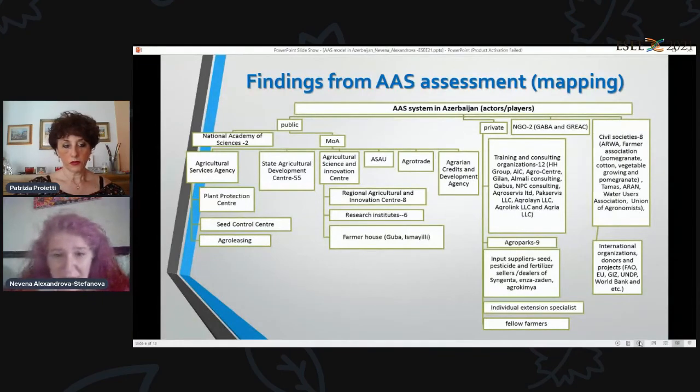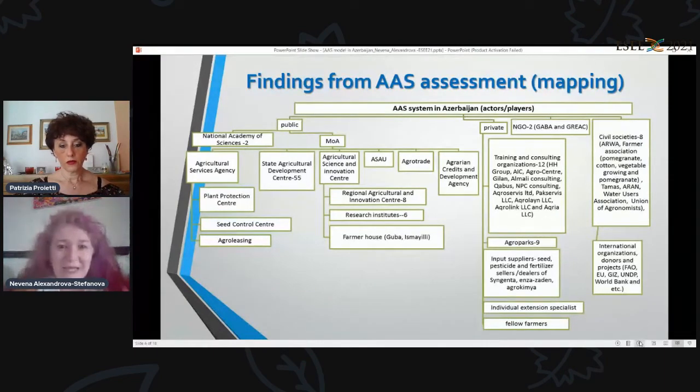Here you can see how the agriculture advisory services system looked when we started in the beginning. Despite there being some linkages mentioned here, there are more hierarchical relationships rather than any interaction. And you can see that it's highly fragmented. Fragmented in terms of the agriculture innovation system, that is how we call AKIS outside of the European Union.